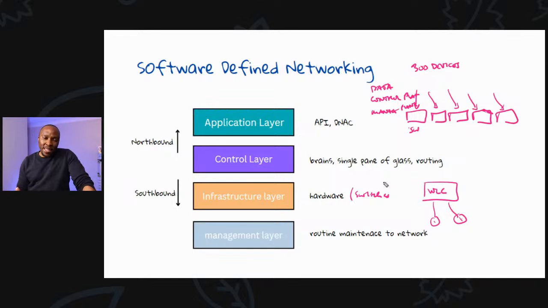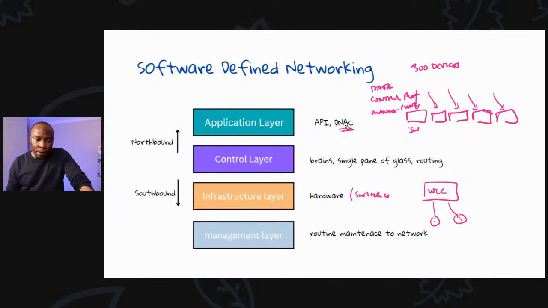The one thing that you need to know, two words that get thrown out when you're dealing with software-defined networking, is northbound or southbound traffic. And what they basically mean by northbound traffic is any traffic that's coming from the infrastructure layer trying to talk to the API or to DNAC, being the system that controls Cisco devices on a software-defined network.